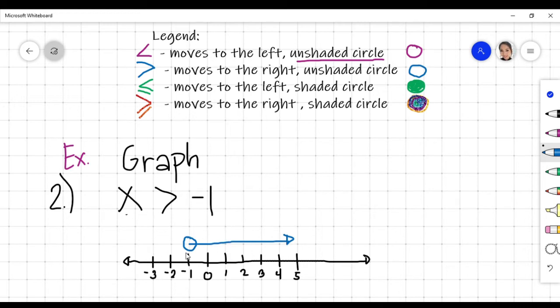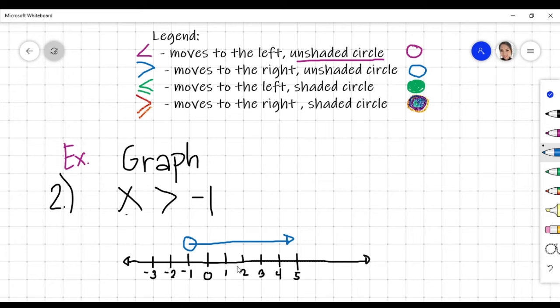It tells us that the solution set of this inequality are the numbers greater than negative 1. Here, notice these are the numbers greater than negative 1. We have 0, 1, 2, 3, 4, 5. Take note, there are also decimals in between these numbers.